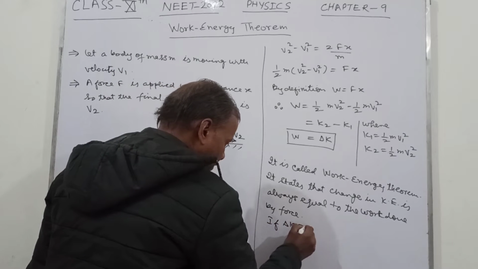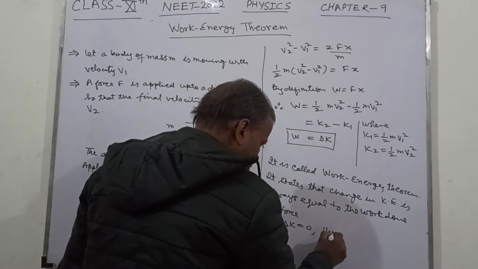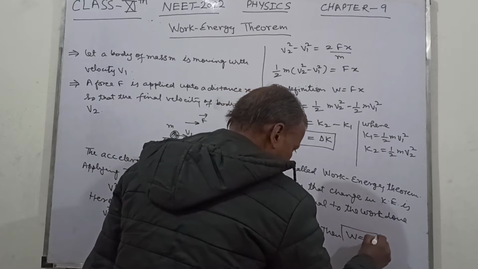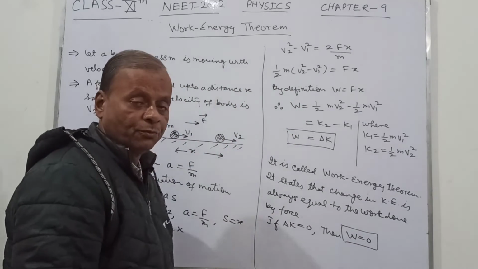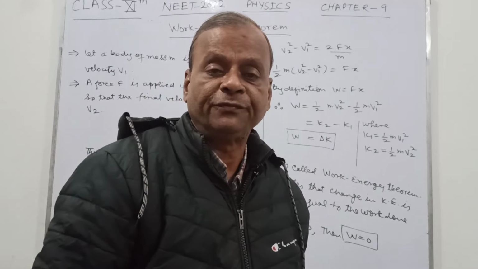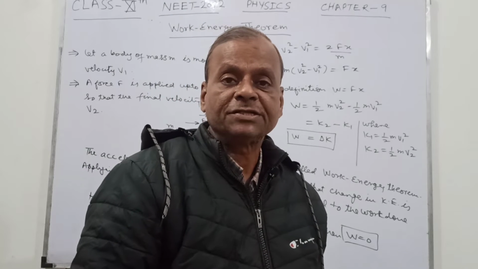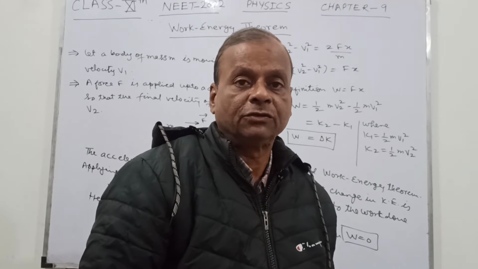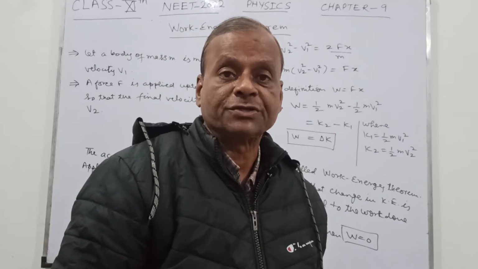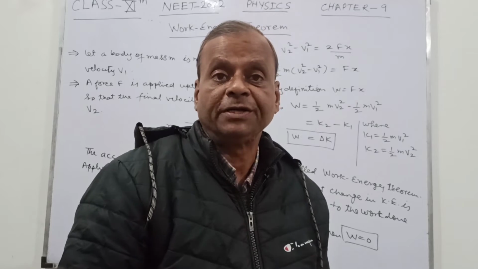If delta K equal to 0, then W equal to 0. It means that the body is moving with uniform velocity. So when a body moves with uniform velocity, then no work is done at all. So work energy theorem says that the work done by the force is equal to 0, or no work is being done by the force.